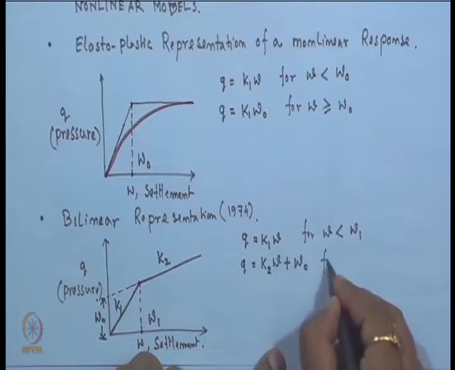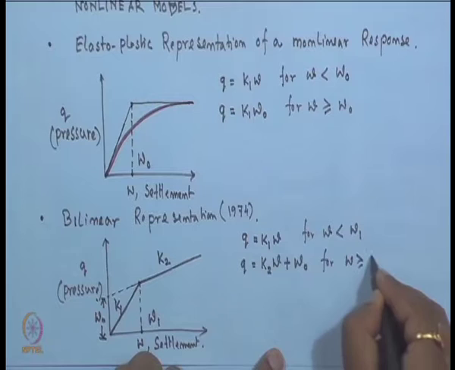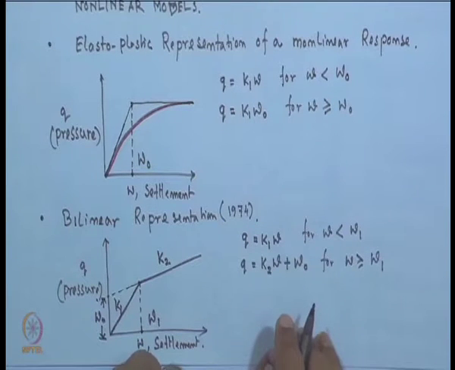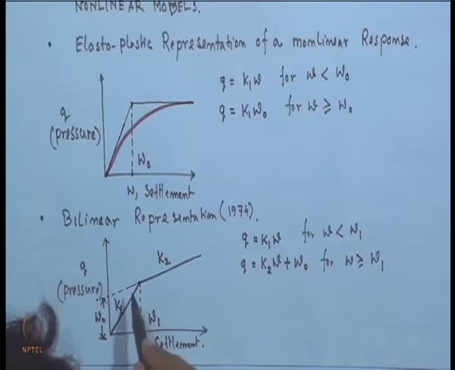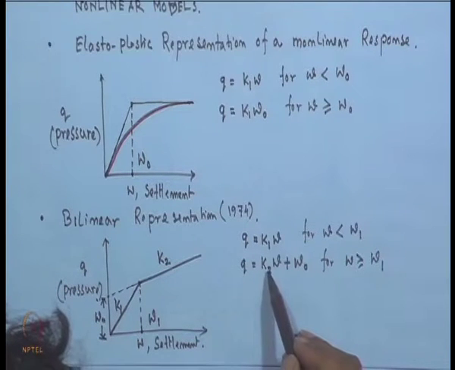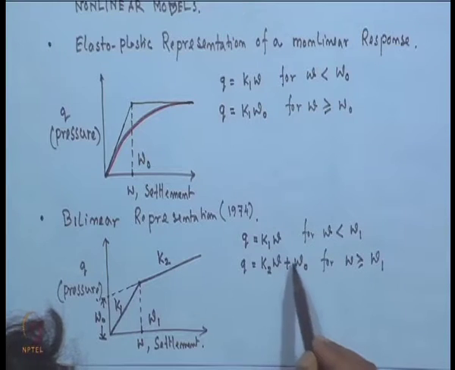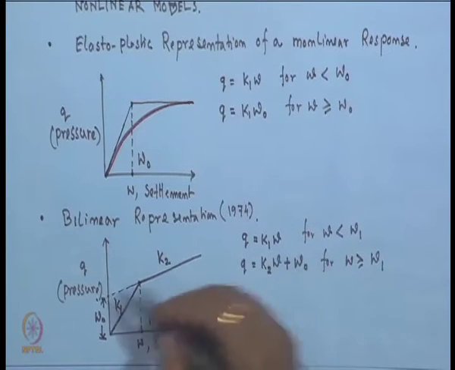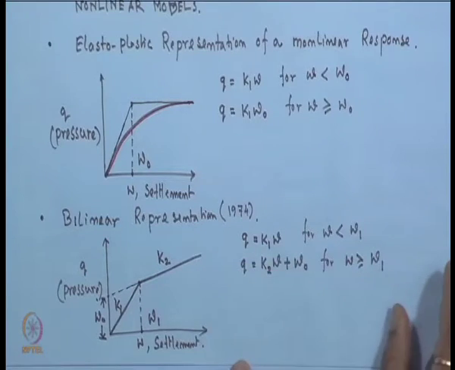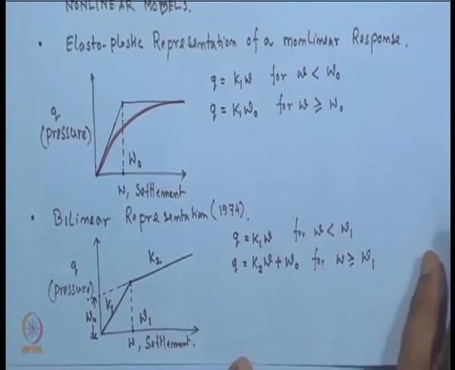This is for W greater than or equal to W 1. So, we get this second response K 2 into W plus W 0, or we can put any other value. That is the bilinear representation of a curve.